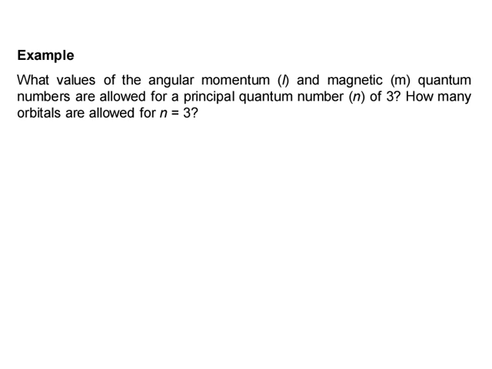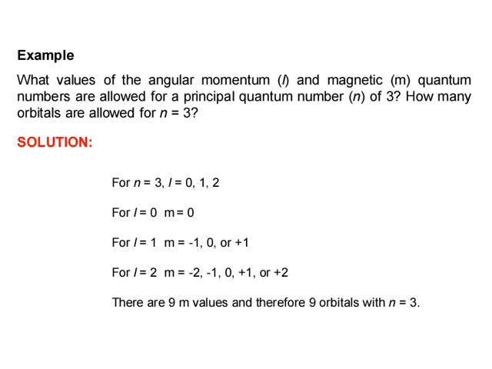So when you see this question: how many orbitals are allowed for n equal to 3? It's given n is equal to 3. For n equal to 3, L is equal to 0, 1, 2. And for L, you do it one by one. For L equal to 0, ML is 0. For L equal to 1, ML is equal to -1, 0, positive 1.